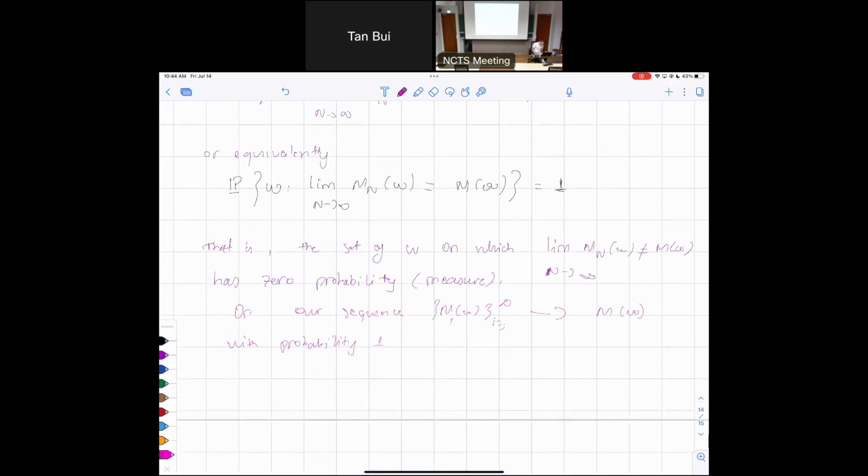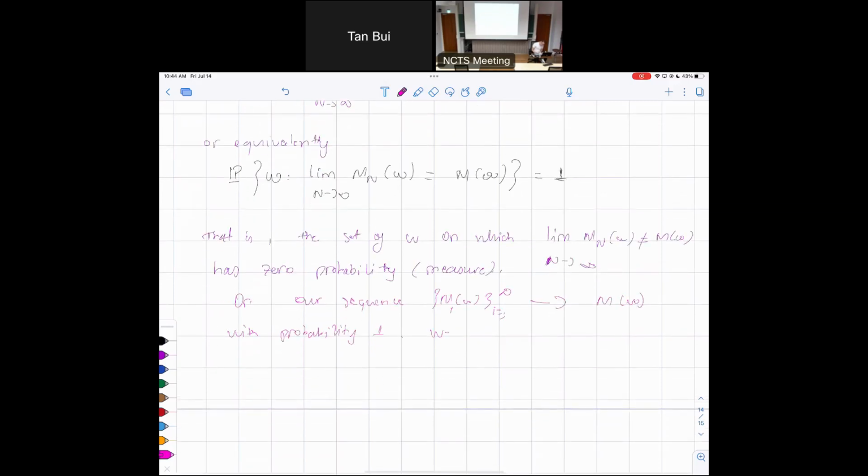We typically write M_n(omega) converges to M(omega) a.s., almost surely. Okay, so that's the notion of almost sure convergence.